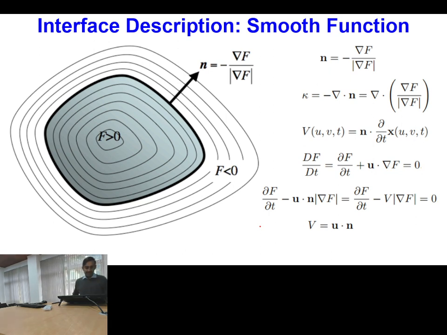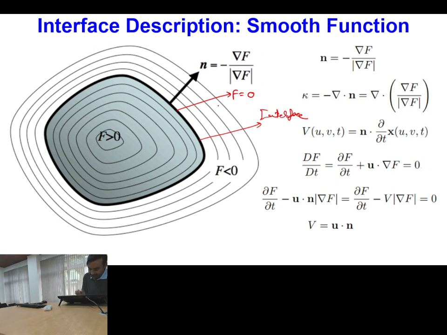Say this thick black line is my interface, and along the interface I have multiple lines just adjacent to it. And at different lines I have different values.